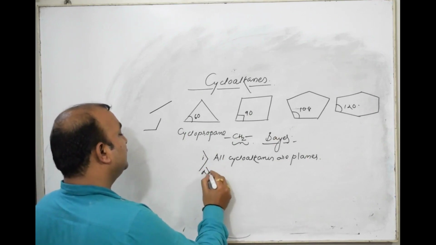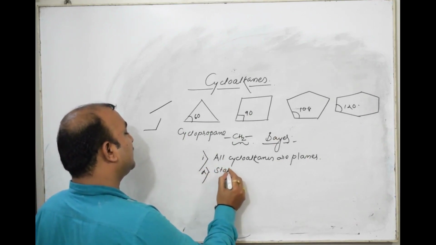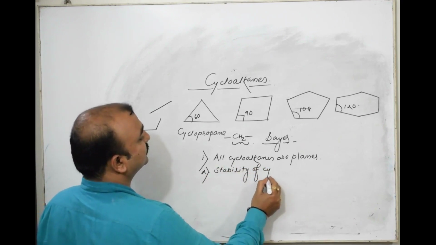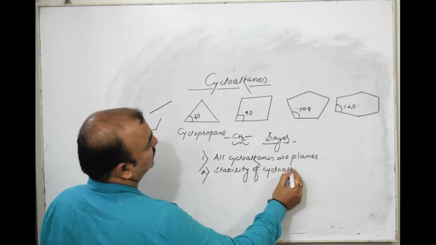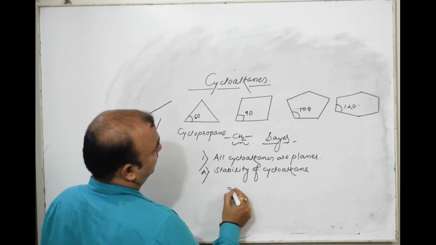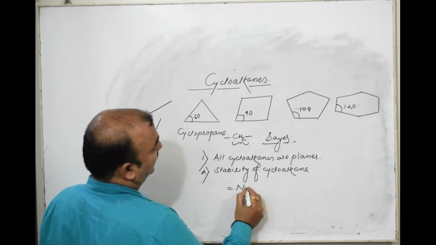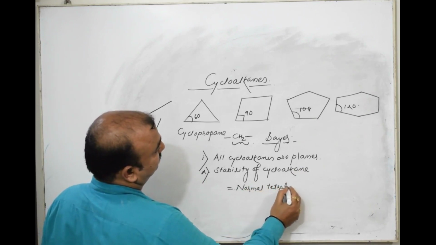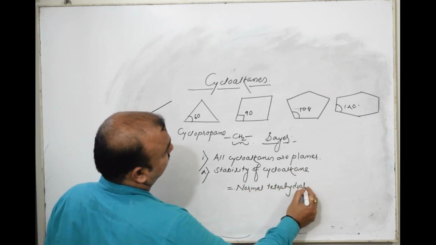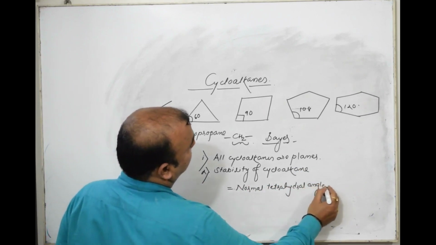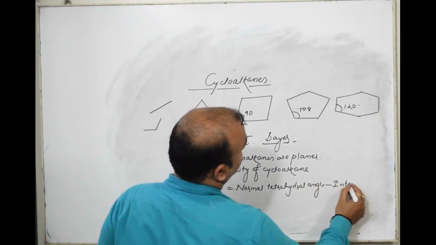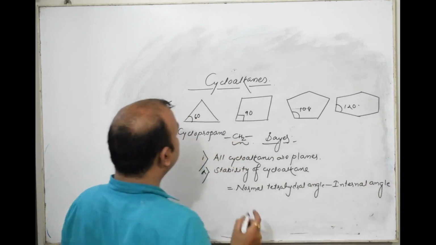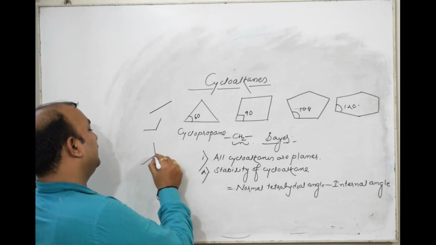And second, the stability of a cycloalkane is given by the normal tetrahedral angle minus the internal angle. Means this is an sp3 hybridized carbon.